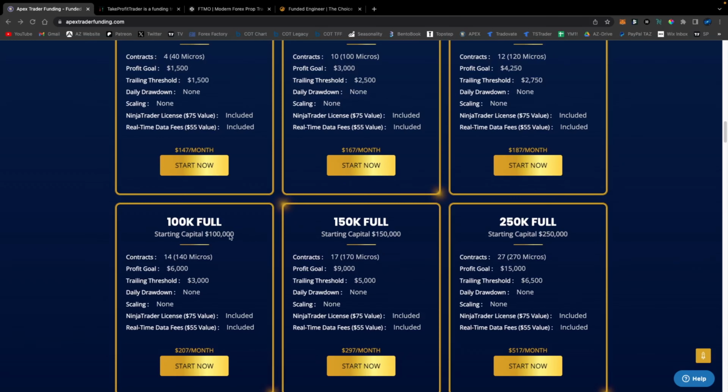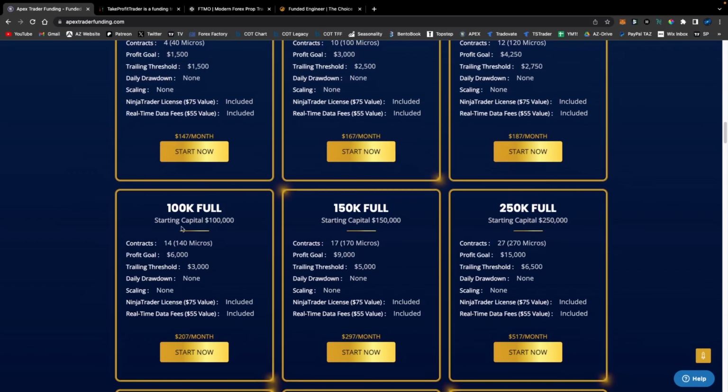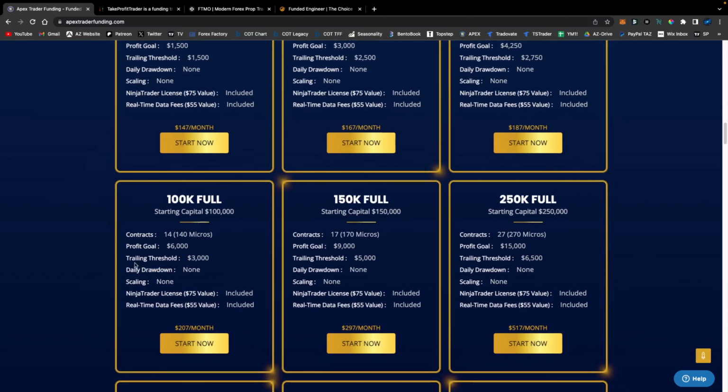If we compare a 100k account with a capital of 100,000 US dollars, your profit goal for a futures funded account is $6,000. So you have a profit target of 6% and you have a trailing threshold of 3,000 US dollars. You don't have a daily drawdown, but you have an intraday calculated trailing threshold. So if you're up $3,000 and you lose the same $3,000 on the same day, your 100k account is simply gone.